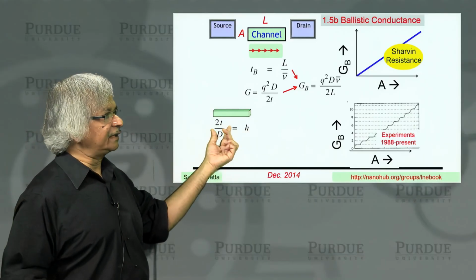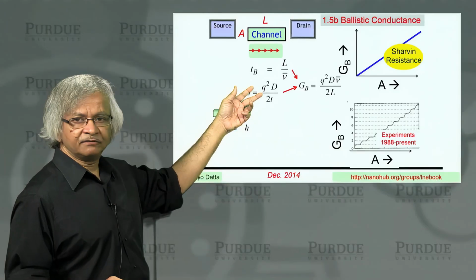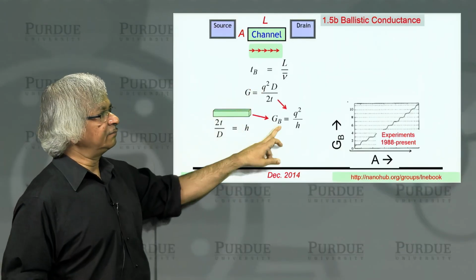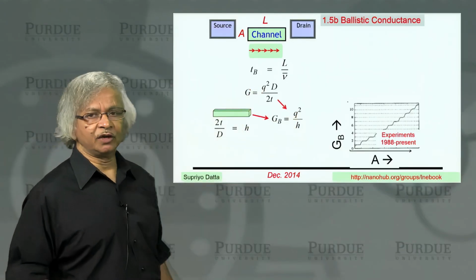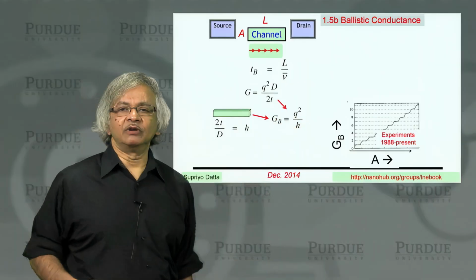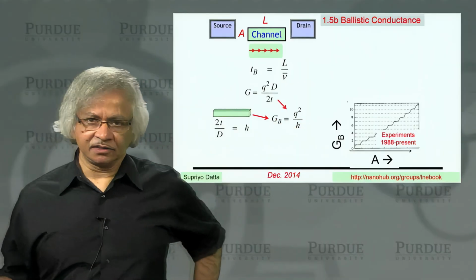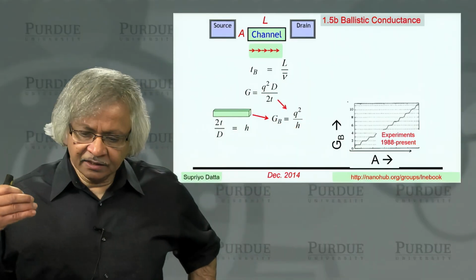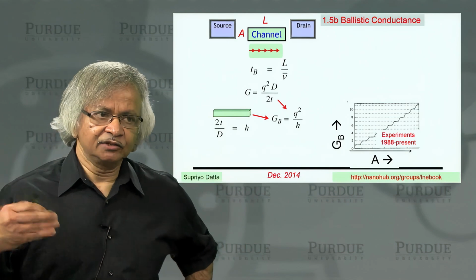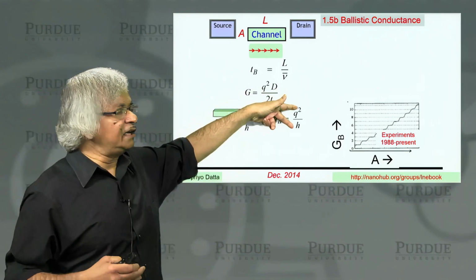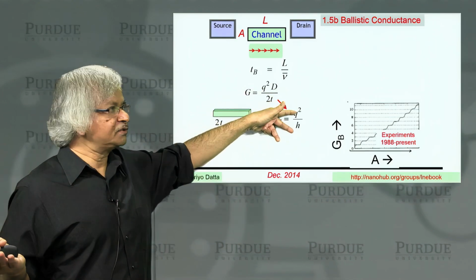And if you take that number and put it into this expression for conductance, you'd get the ballistic conductance as q squared over h. And this is what is known as the quantum of conductance. And it's the inverse of resistance. So this quantity is like the inverse of 25 kilo ohms.